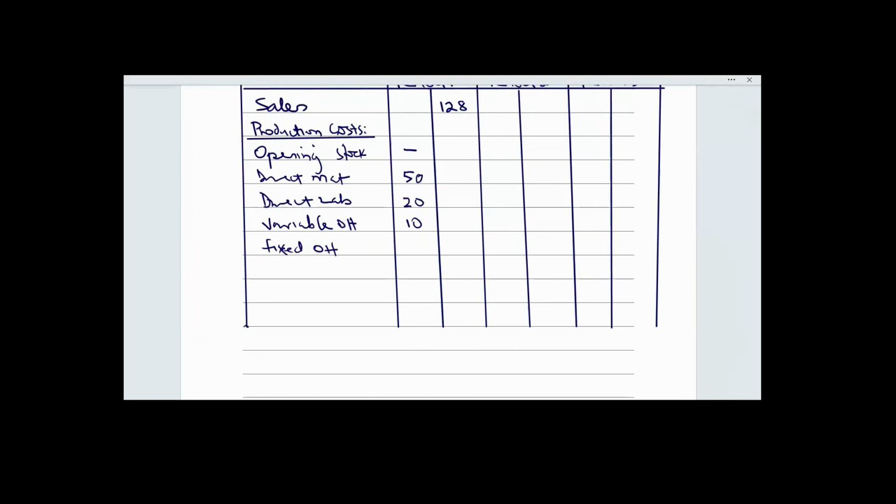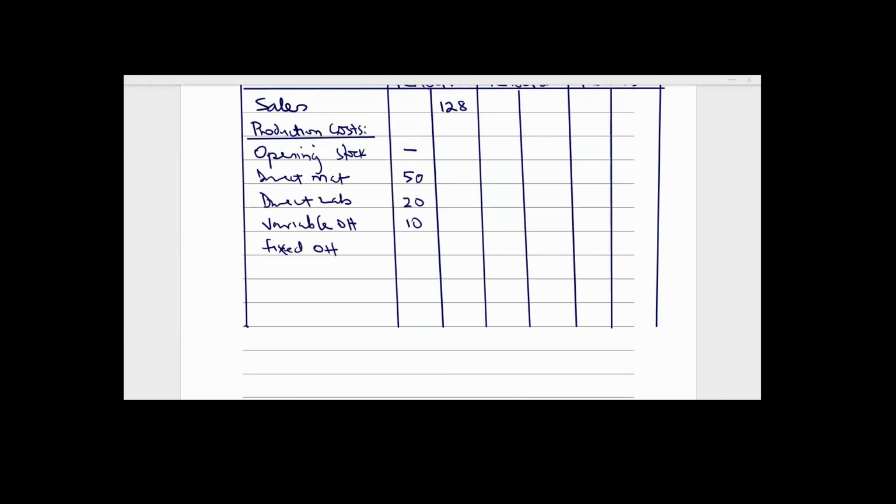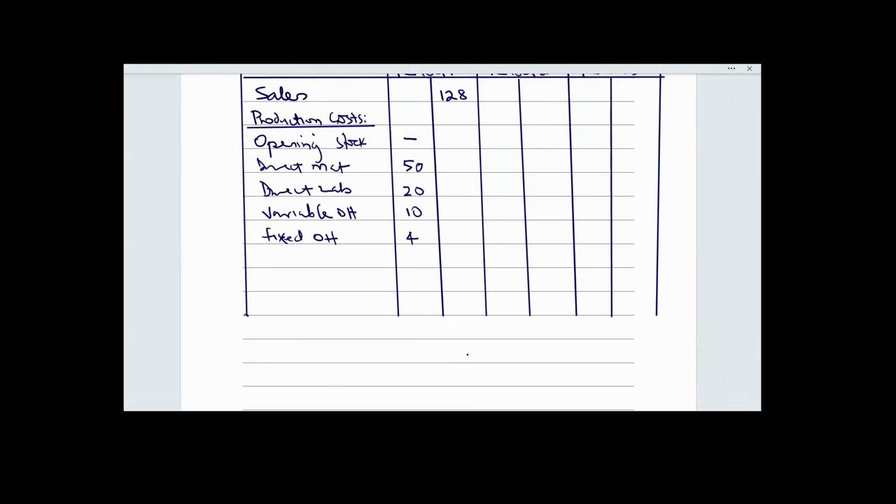We are given 4 naira. 4 multiplied by 10,000 units will give us 40,000. Then you add up. So what's the total? 120,000. So this represents cost of goods available for sales.